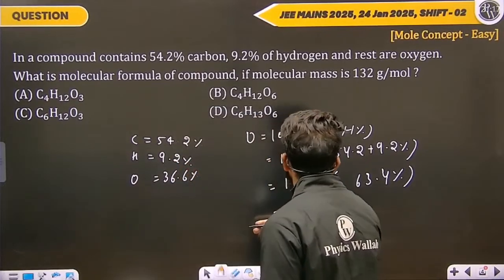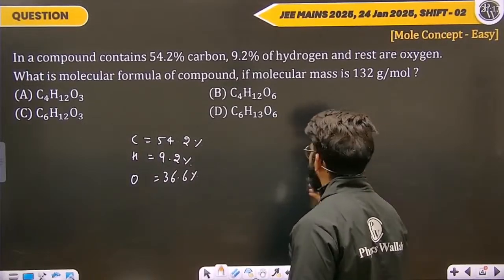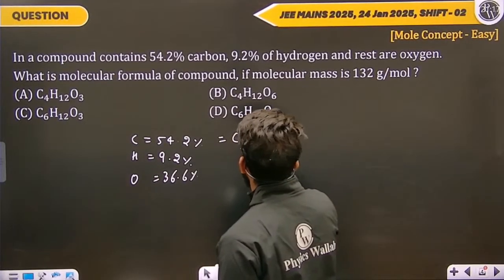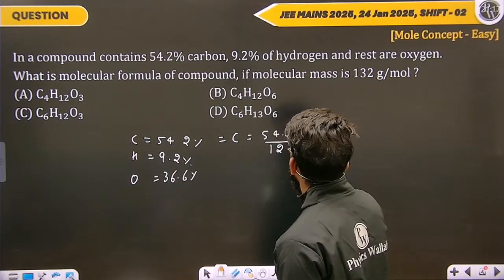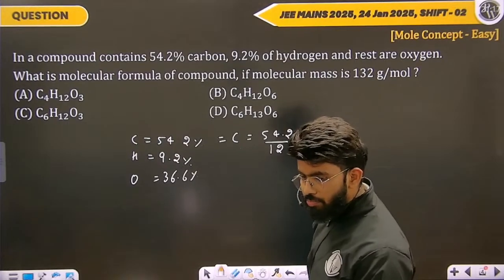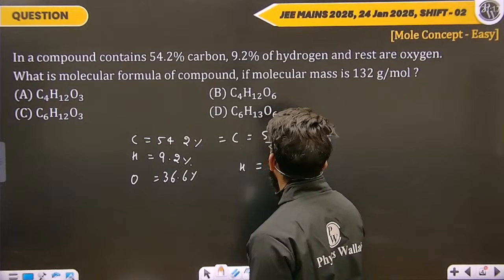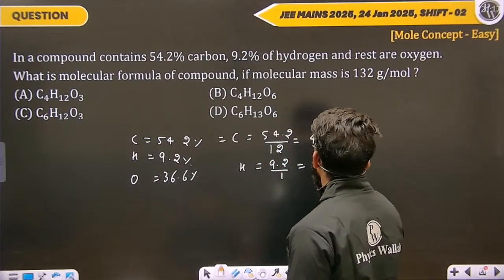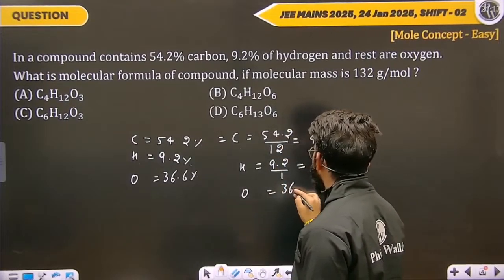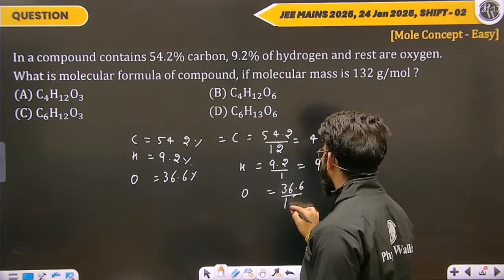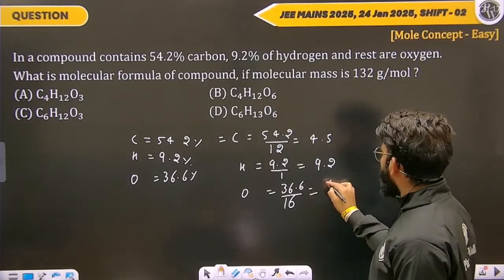First we calculate the mole percentage of each quantity. C is 54.2 divided by 12, which gives 4.5. Hydrogen is 9.2 divided by 1, which is 9.2, and oxygen is 36.6 divided by the molar mass of oxygen, 16, which gives 2.2.